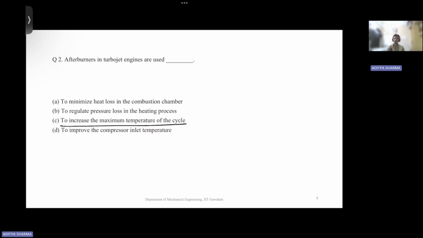Because we are burning extra fuel with the oxygen left. So your products from the combustion chamber are coming out, expanding through your turbine and coming towards the nozzle. So to increase the maximum temperature of the cycle is the afterburner's role. So C is the correct option.